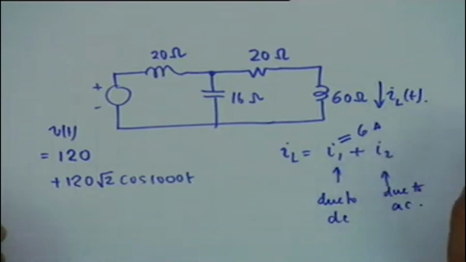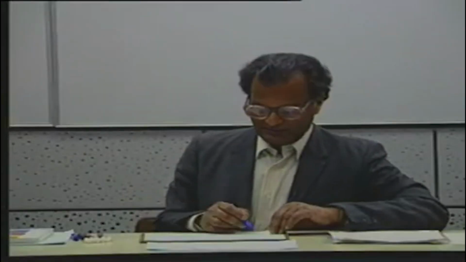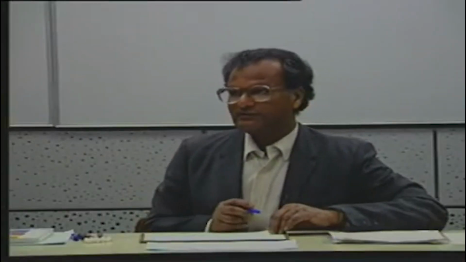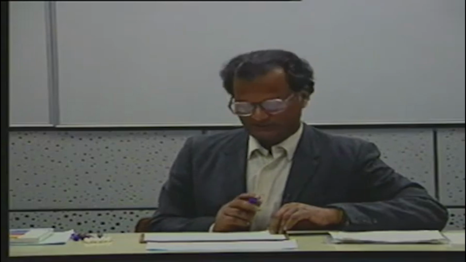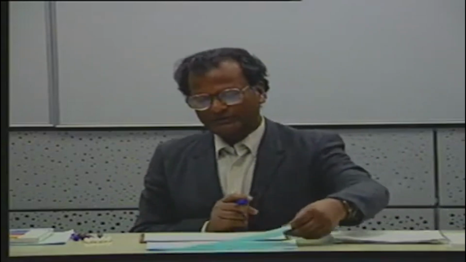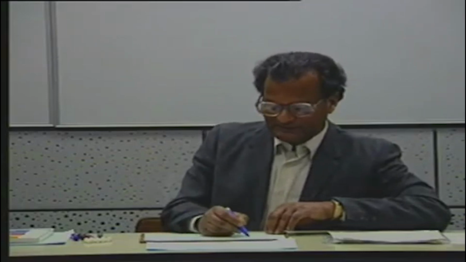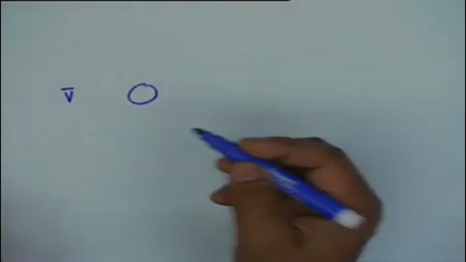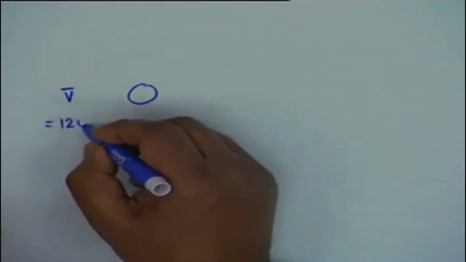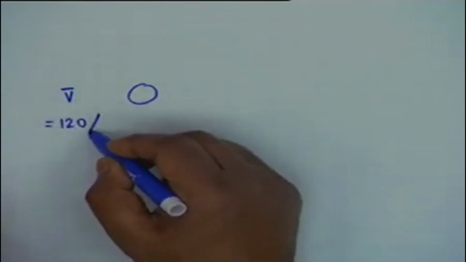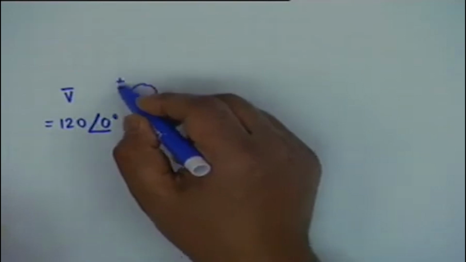To find out I2 now, you forget about the DC part, and because it is a pure AC, you can apply the phasor relationship. And if I draw the phasor equivalent circuit, what I shall have is a voltage phasor which is 120, the RMS value, angle 0 degree.